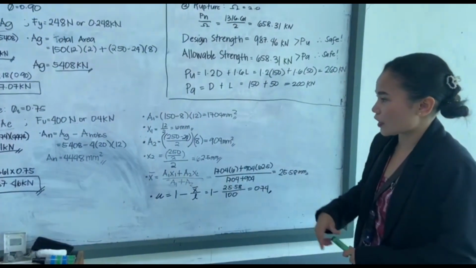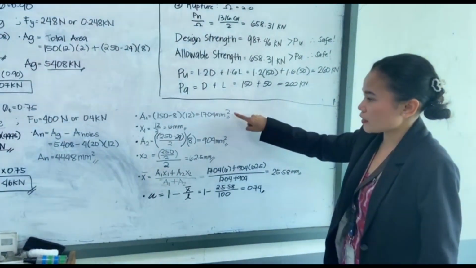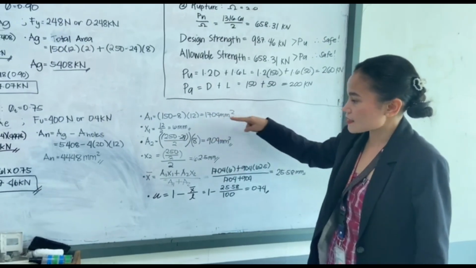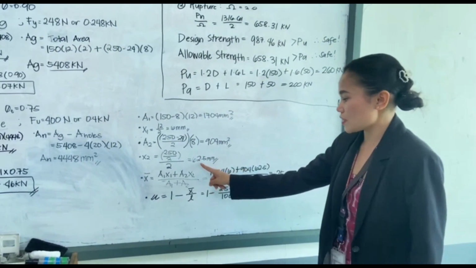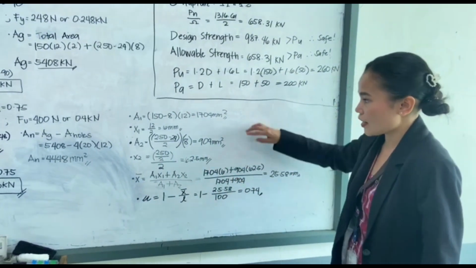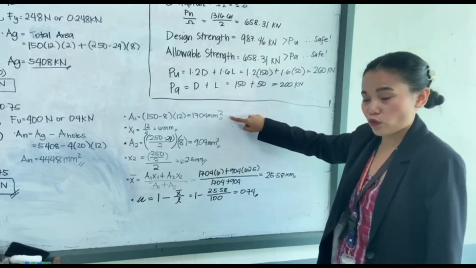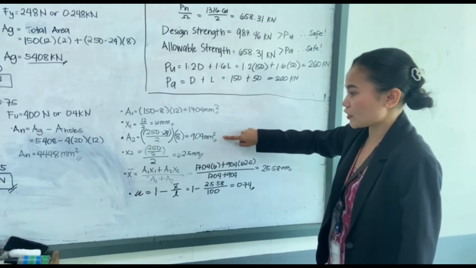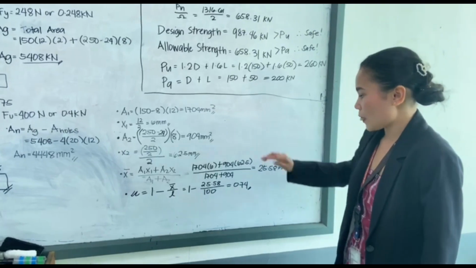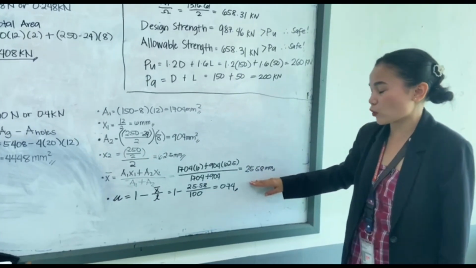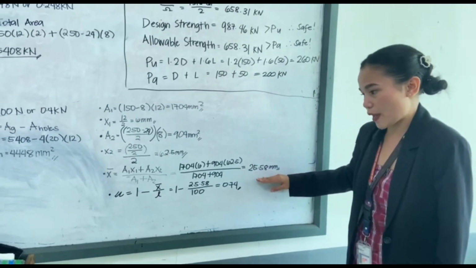So 1704 times 6 plus 904 times 62.5, over 1704 plus 904. So we have an x bar of 25.58 mm.